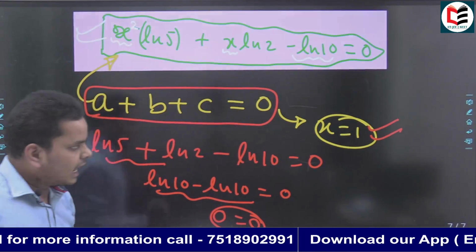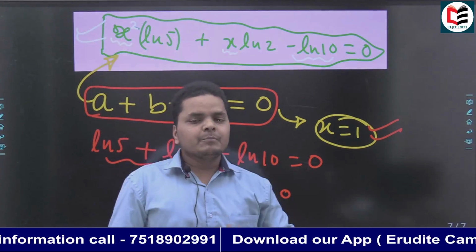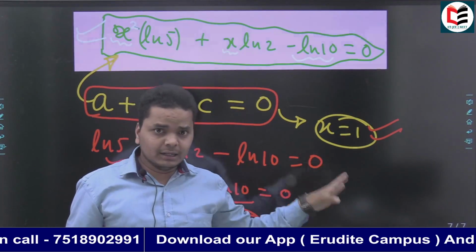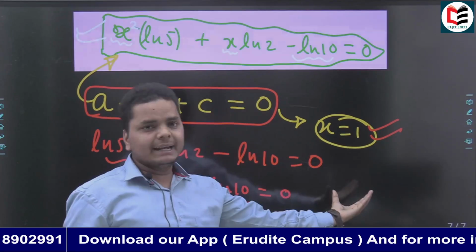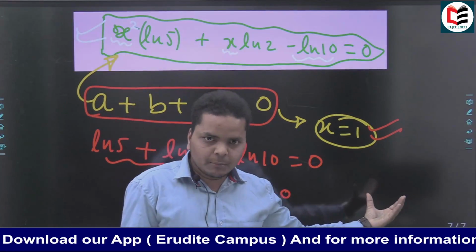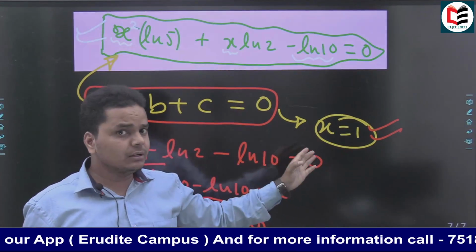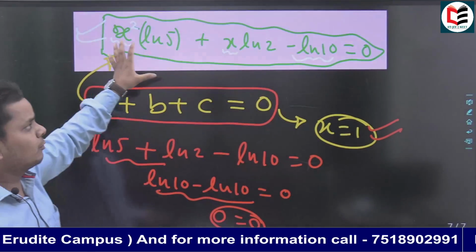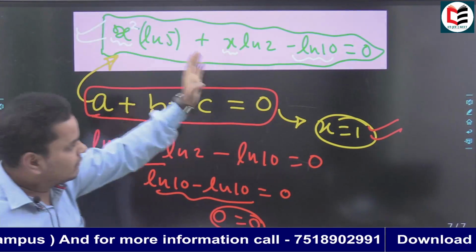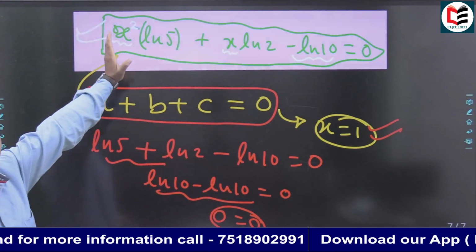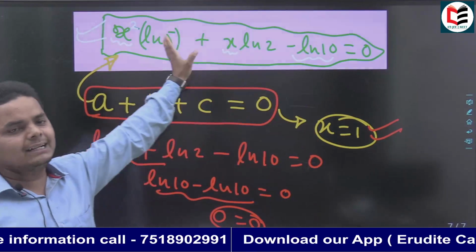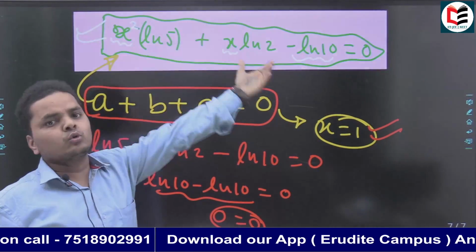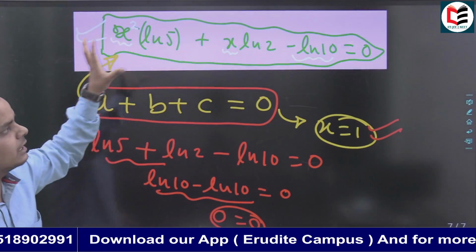Now, as I have already told you, you can find the other root by the division method, by the division algorithm, by making x minus 1 a factor of this quadratic polynomial. By dividing this quadratic equation by x minus 1, you can find the other solution.